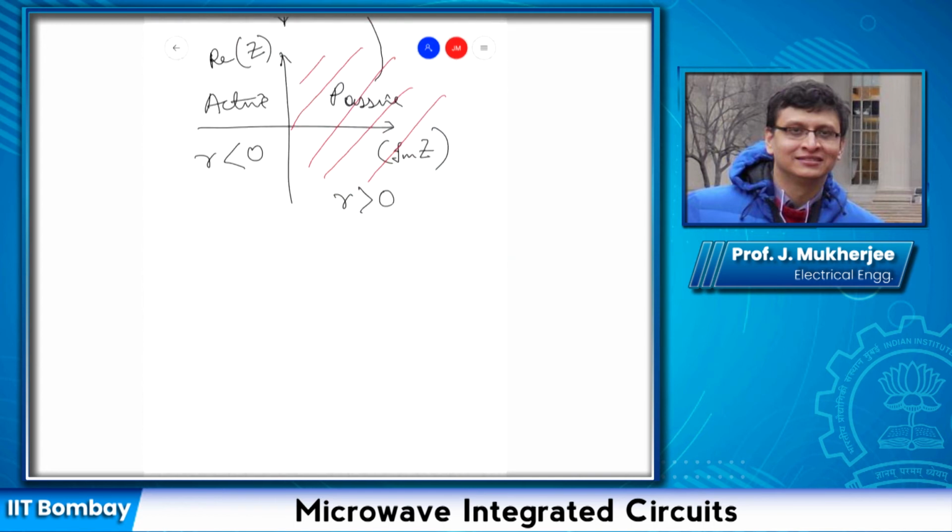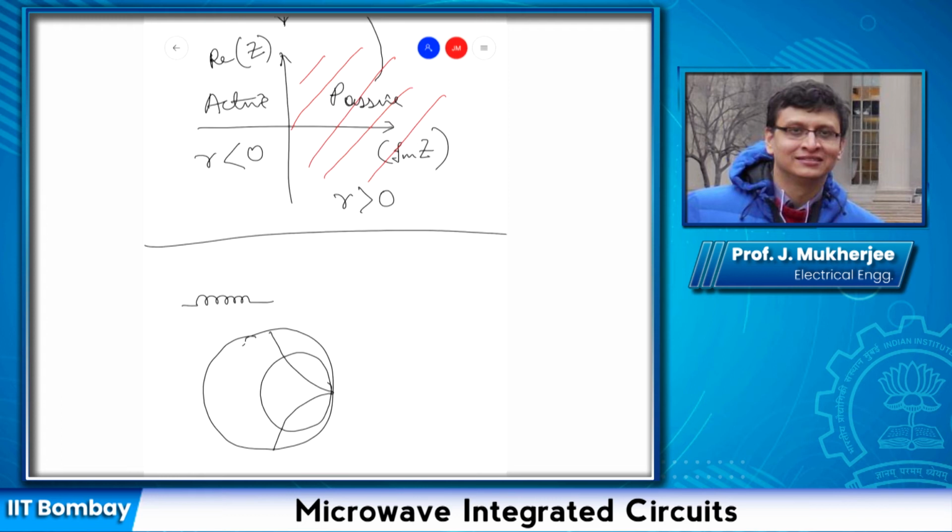Now, if we consider a simple inductance, say a simple series inductor, and I draw the Smith chart, so this is the x-axis, and this is my unit circle. Say at omega equal to 0. What is the impedance offered by this inductance?